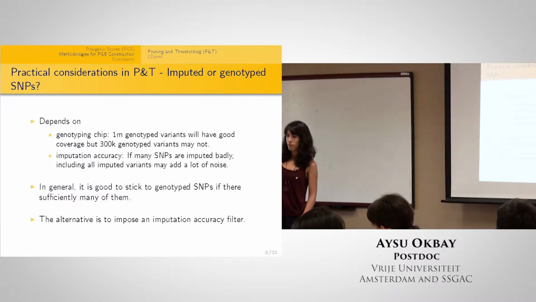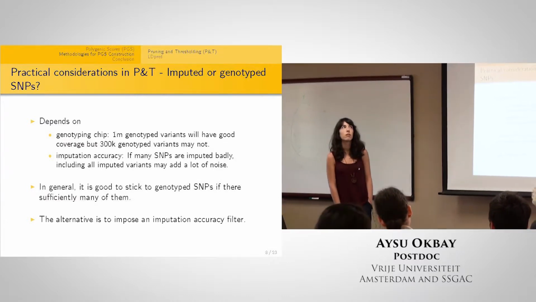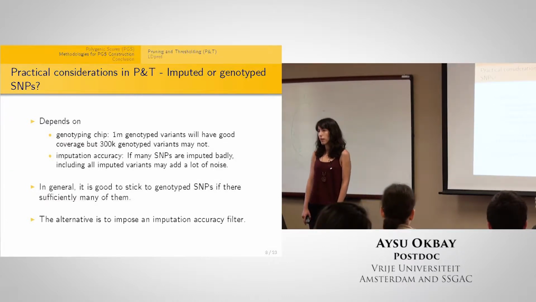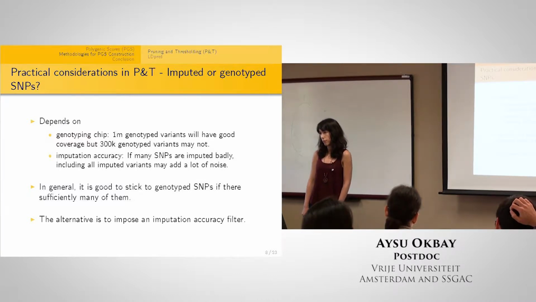How many is enough? Well, in HRS, for example, there are 2 million SNPs, and the genotyped SNPs do the best. In the Swedish twin registry, for example, we have fewer, and the imputed variants actually do better. So I would say something like 1 million SNPs would be enough, probably.